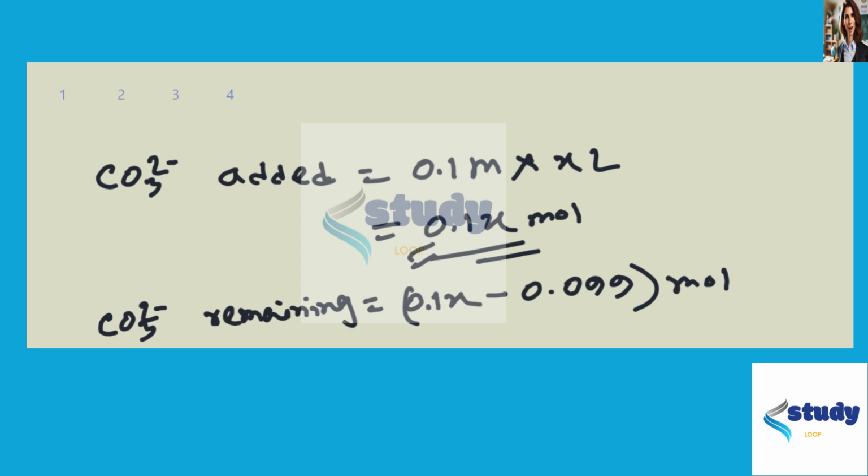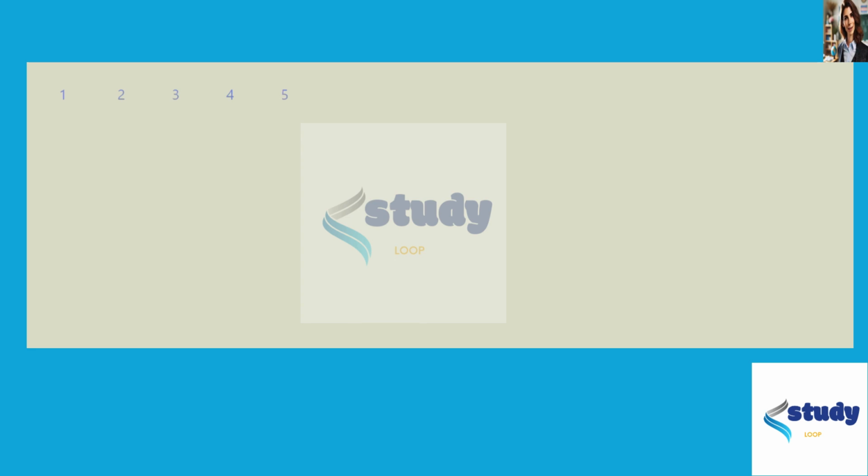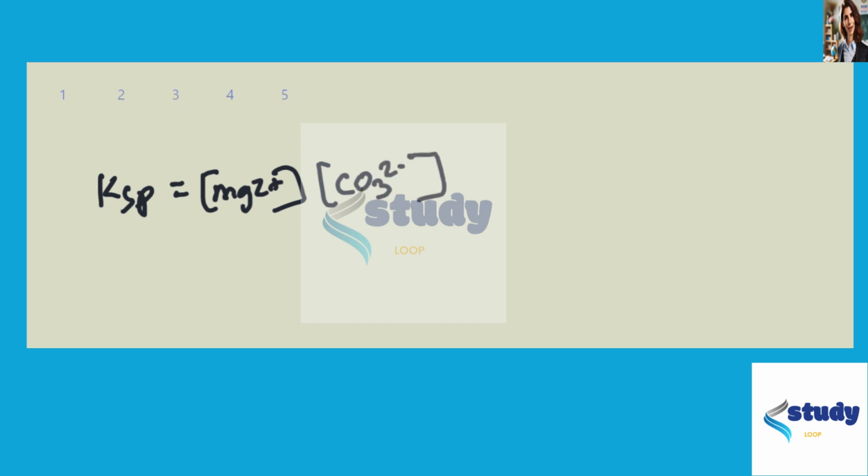Now we have to set up the Ksp expression for magnesium carbonate, which is basically the product of these two ions, magnesium and CO3 2 minus.